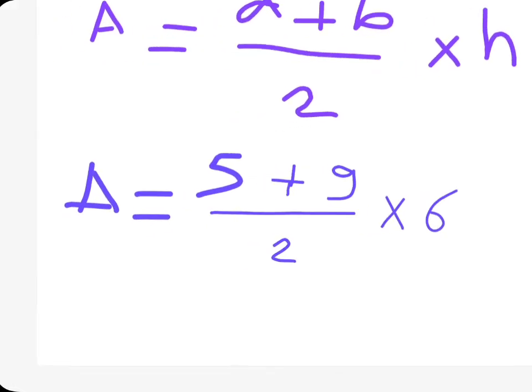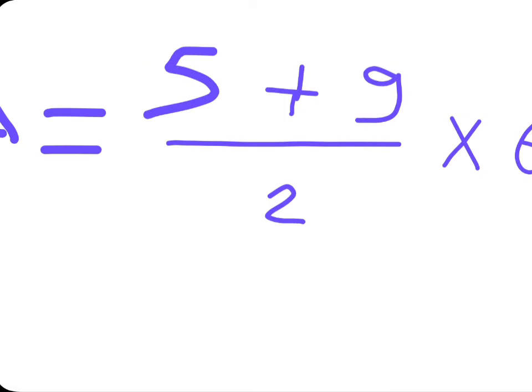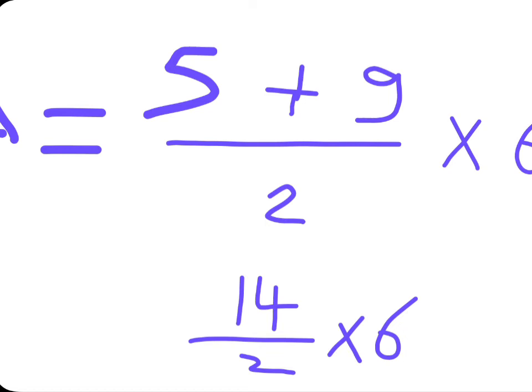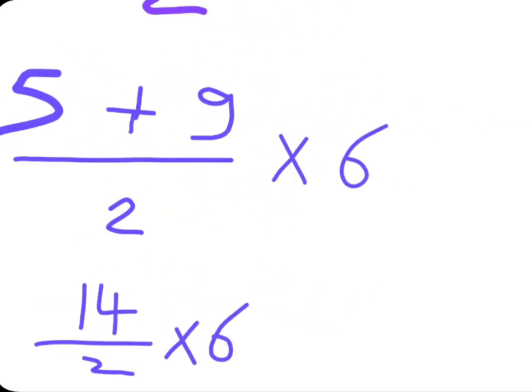So 5 plus 9 divide 2 equals what? Very good. 5 plus 9 equals 14. So it's going to be 14 divide 2 multiplied by 6. 14 divide 2 equals 7. Good job. And then 7 multiplied by 6 equals, very good.